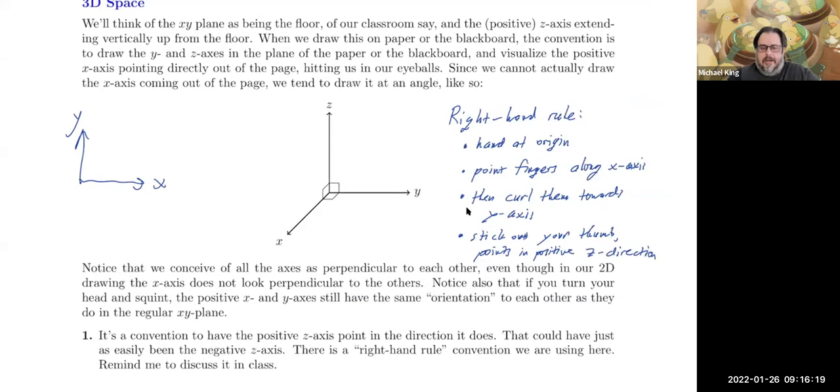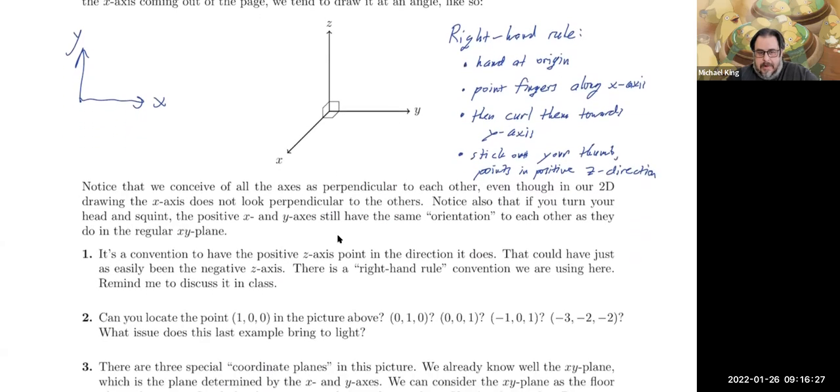Yes, kind of. Okay. So that's the convention, and we always use these right-hand rule conventions. All right. Now, what about labeling points? I think getting used to thinking about where points would live is useful. So where does the point 1, 0, 0 live?